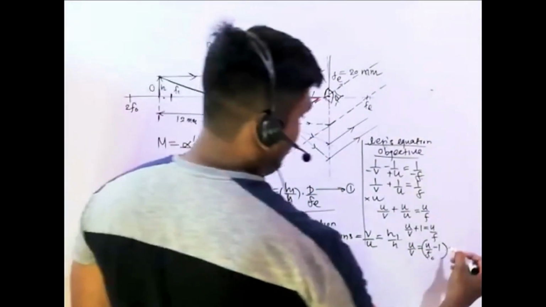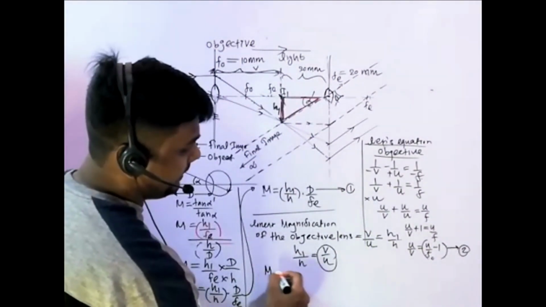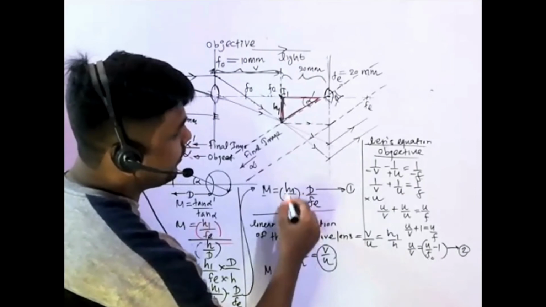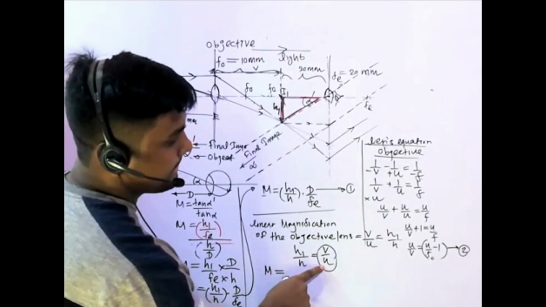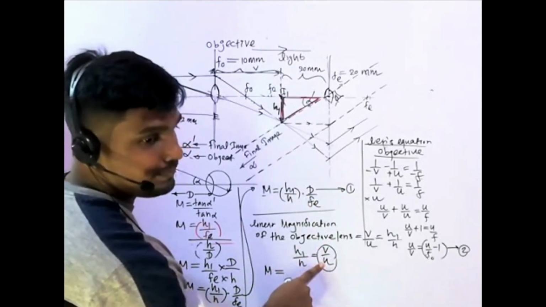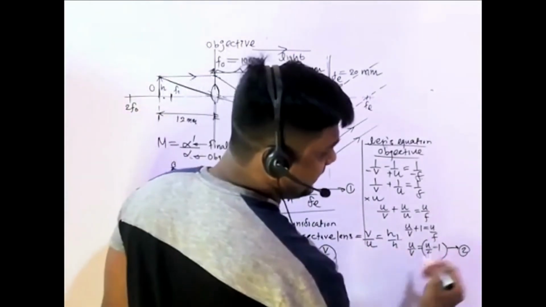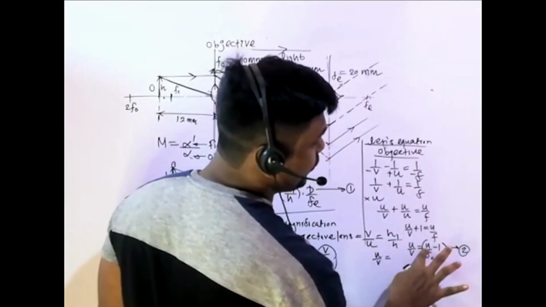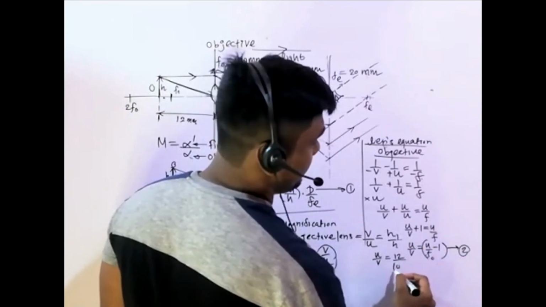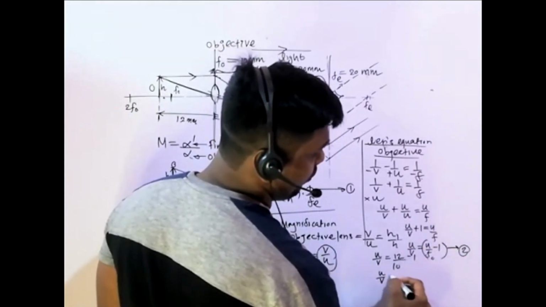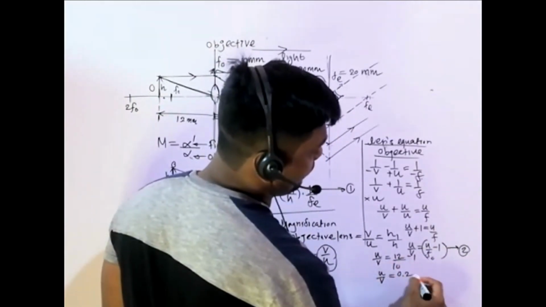Now, looking at equation 1 and equation 2, capital M is H1 over H, which is nothing but V over U. But here I have found U over V. We know U is 12 and F naught is 10, so U over V is 12 over 10, which is 1.2, minus 1, giving 0.2.